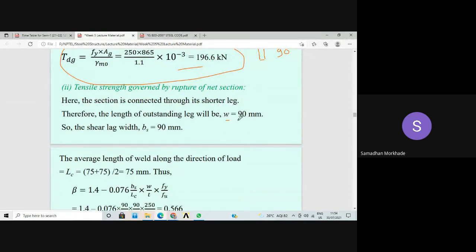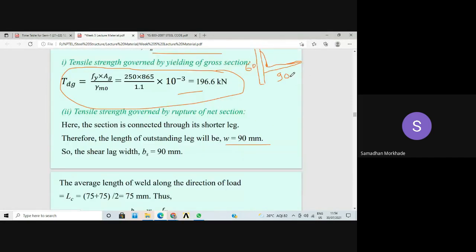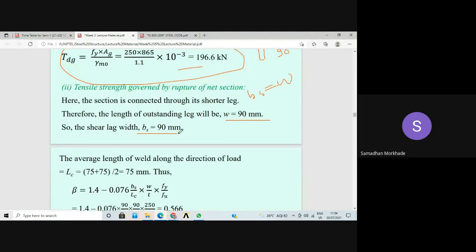Now see, W was 90, outstanding. W is the outstanding leg width. In the first case it was 60 because 60 was the outstanding leg. Now 90 is the outstanding leg, so W is 90 mm. And BS is equal to W in the case of welded connection as per the code. So BS is 90.